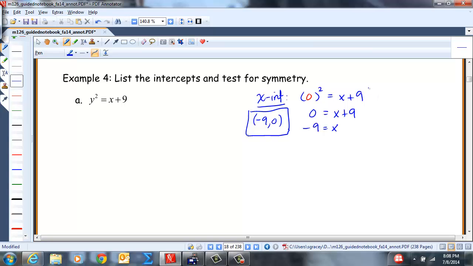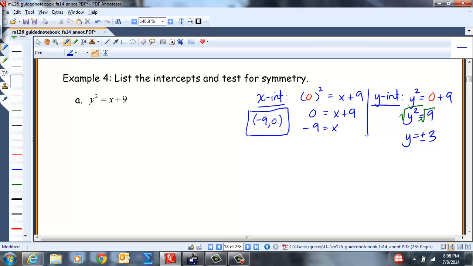And for the y-intercept, we set x equal to 0. So we've got y squared is equal to 0 plus 9. Y squared equals 9. Utilizing that square root property, we will get y equals plus or minus 3.